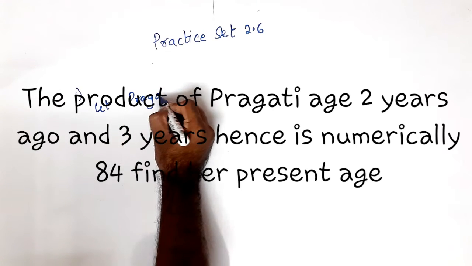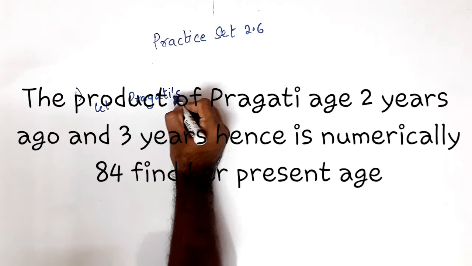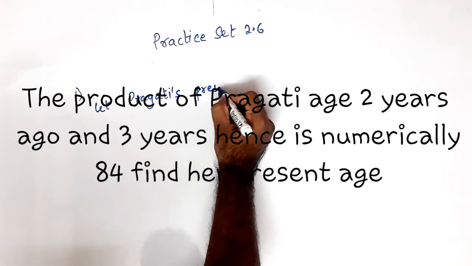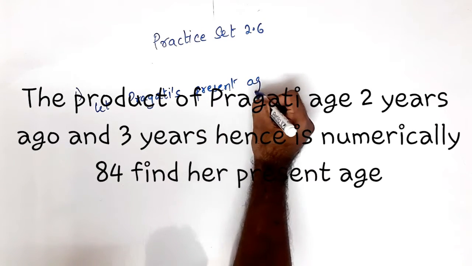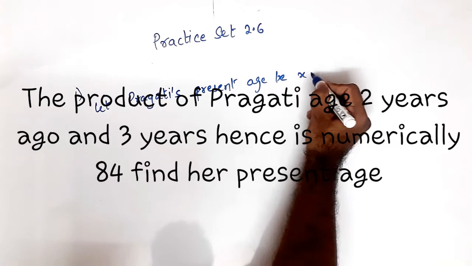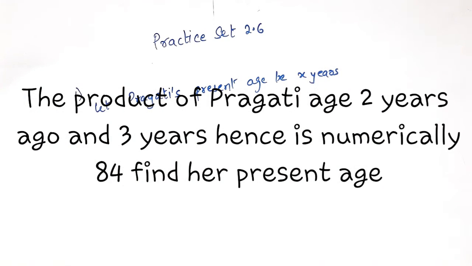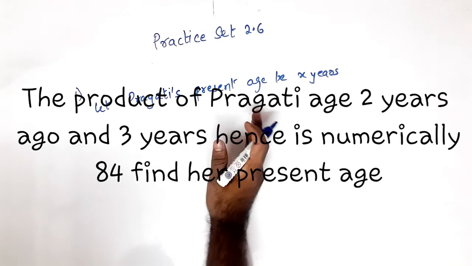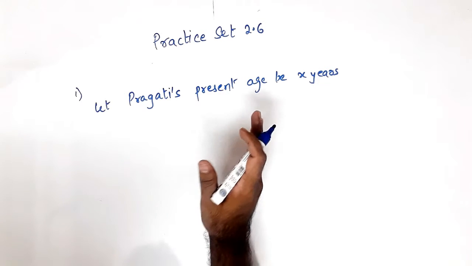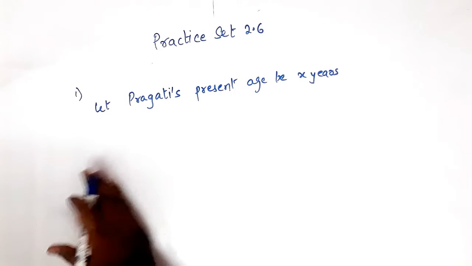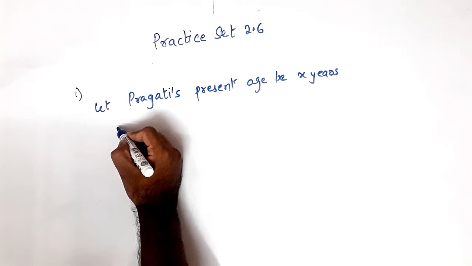Let Pragati's present age be x years. Correct? Now her age 2 years ago will be how much? If today her age is x, so 2 years ago her age will be x minus 2.